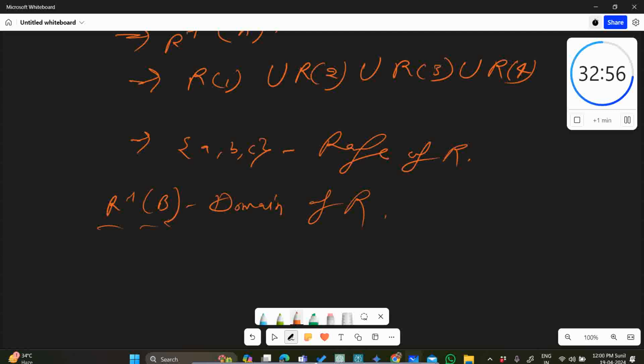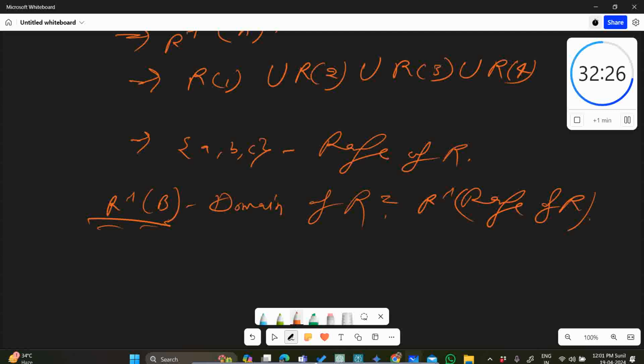Domain of R is equal to R inverse of the range of R. R inverse of B, what is this?